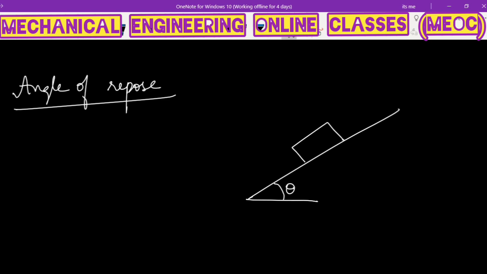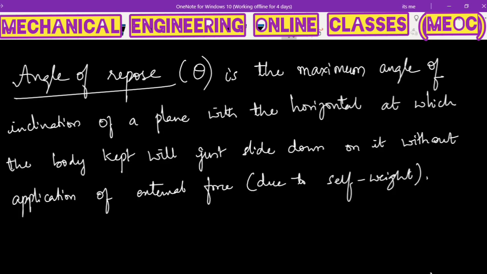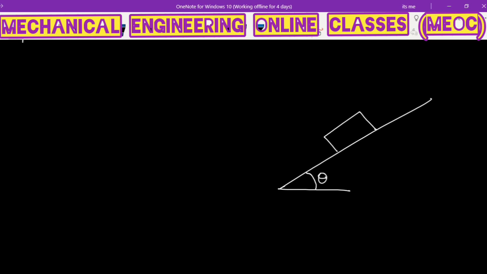So what is that theta, which is the maximum value where the block is still on the same place, means just at the impending motion of the block, the angle of this inclination is called the angle of repose. Let that be say theta. So angle of repose is the maximum angle of inclination of a plane with the horizontal, at which the body that is kept on the inclined plane will just begin to slide down on it without application of any external force. So only under the influence of self weight.